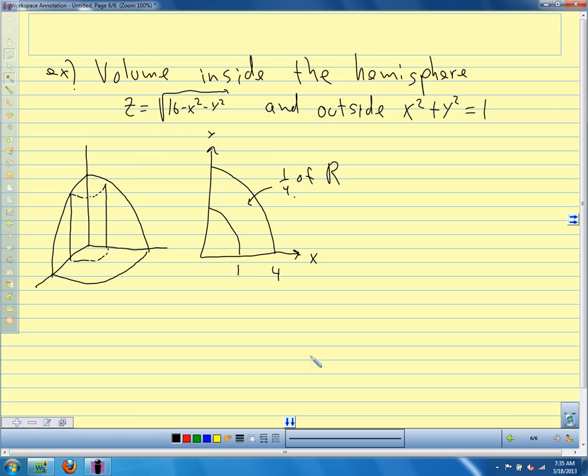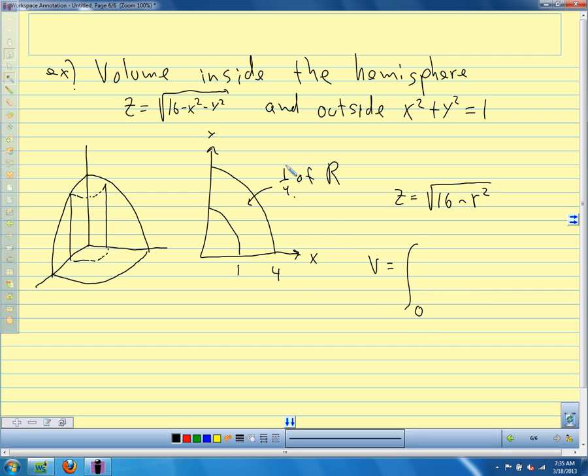So we're just going to transfer this to polar coordinates. So z in polar coordinates is going to be what? 16 minus r squared. And our limits of integration are going to be nice and easy here. So our volume is going to be the integral. Theta is going to vary from what to what? 0 to 2 pi.